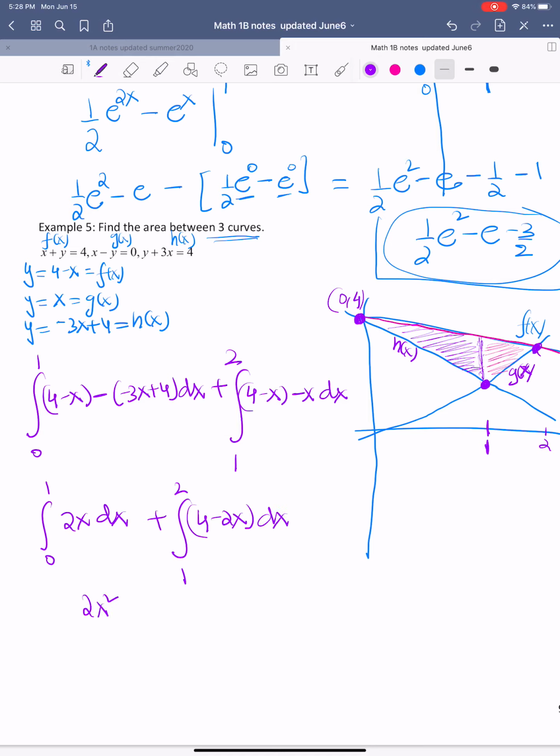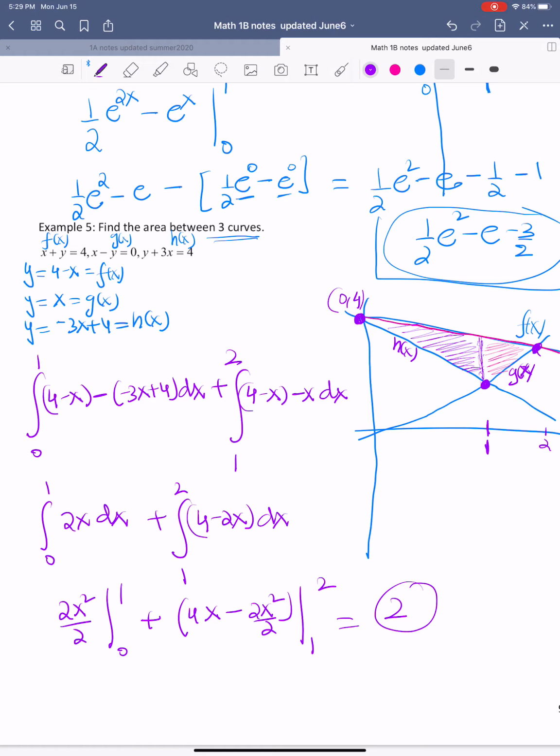So that's 2x squared divided by 2 from 0 to 1, plus 4x minus 2x squared divided by 2, with the bounds 1 to 2. I'm just going to use a calculator for that. It is going to come out to be 2 when you add these two areas.